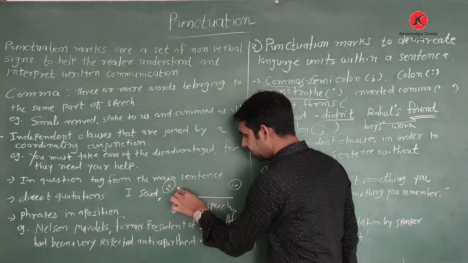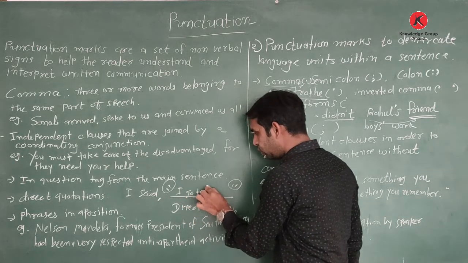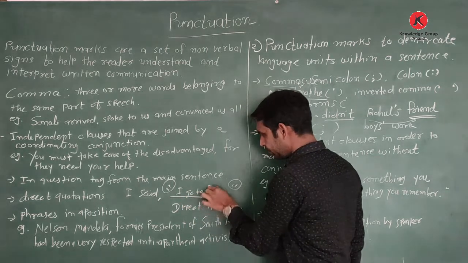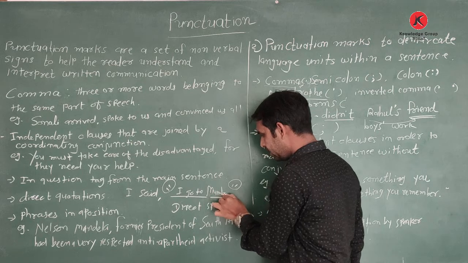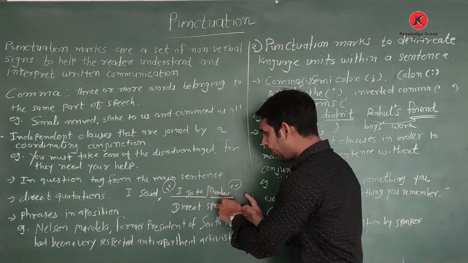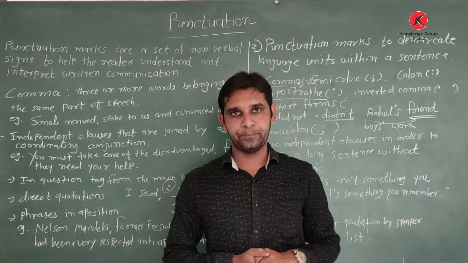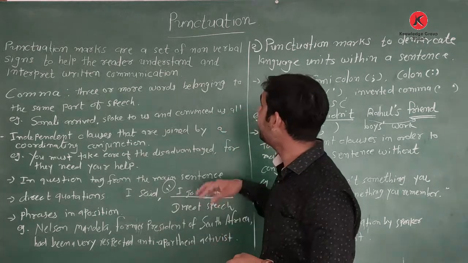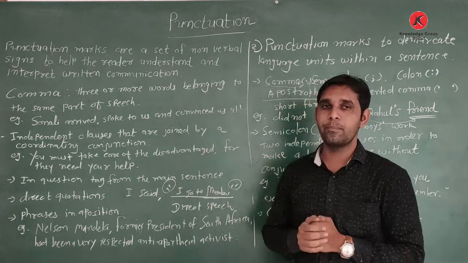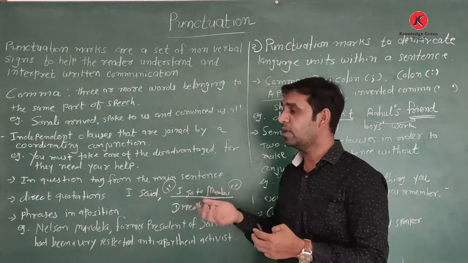I said, I go to Mumbai. Okay, so this is the quoted speech, write it in inverted commas. So this is how I explain the punctuation marks. I hope you understand about the punctuation.